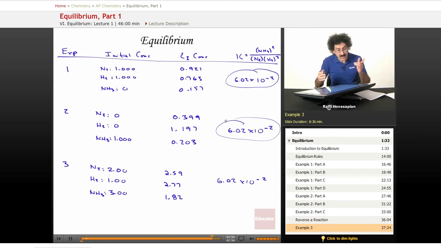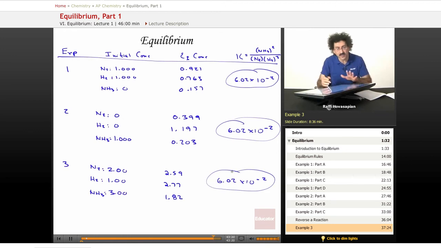Interesting pattern. Experiment number 3. This time, we start with a little bit of everything. We start with 2 moles per liter of nitrogen, 1 mole per liter of hydrogen, 3 moles per liter of ammonia. Well, we let the system come to equilibrium. All the concentrations are now constant, no longer changing. We measure it, we get this, this, this. We put this into the equilibrium expression. What do you know? 6.02 times 10 to the negative 2.